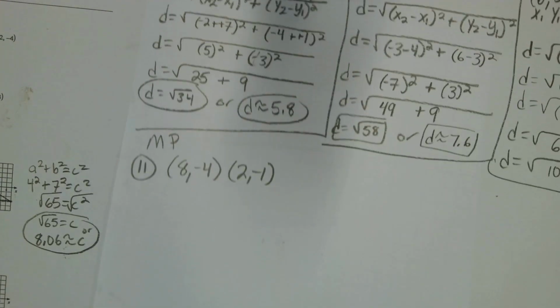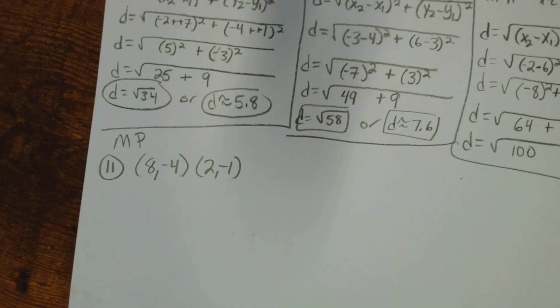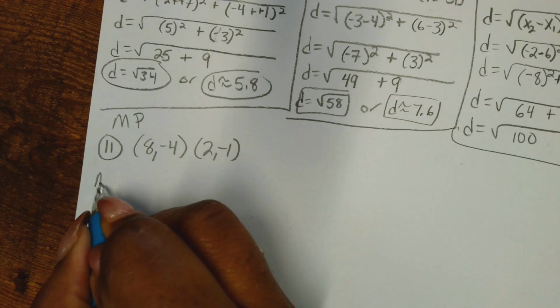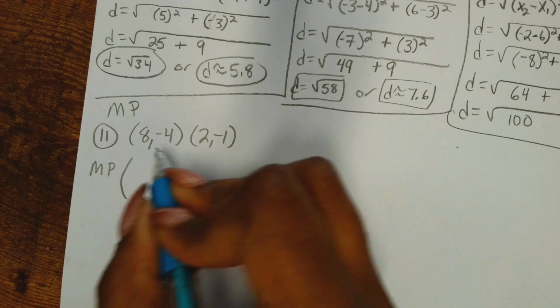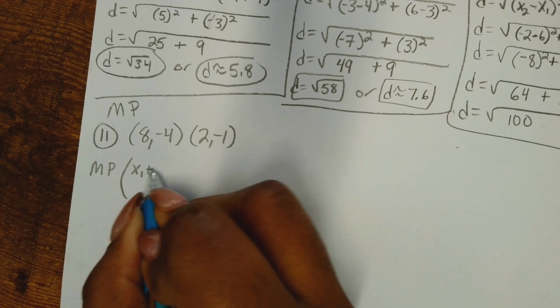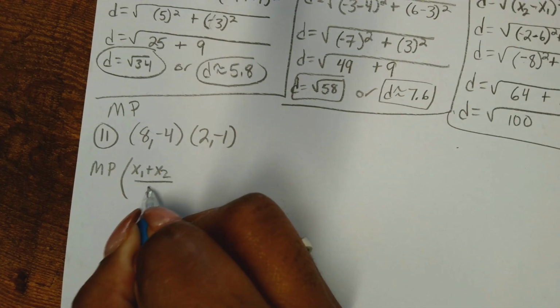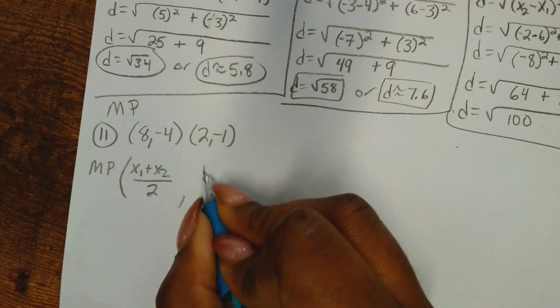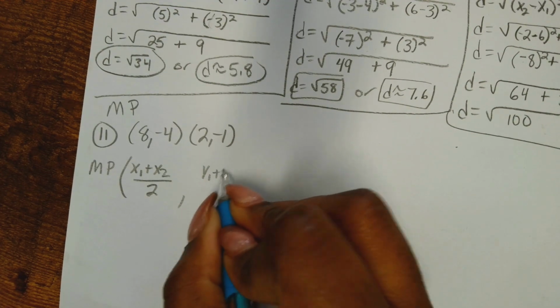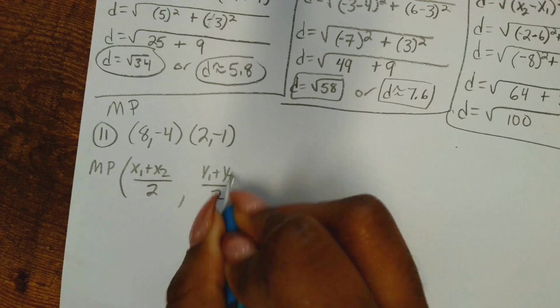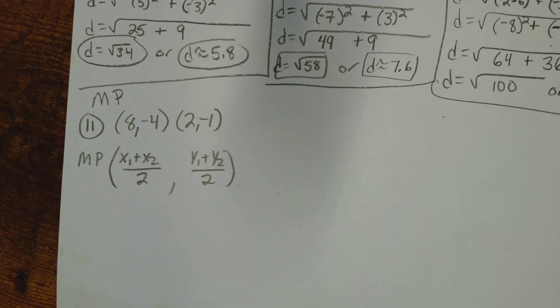You're finding the point that's directly in the middle between those two. The formula for midpoint is that you add the x's together, x1 plus x2, and divide by 2. You add the y's together and divide them by 2. And that's going to give you the point that's in the middle.